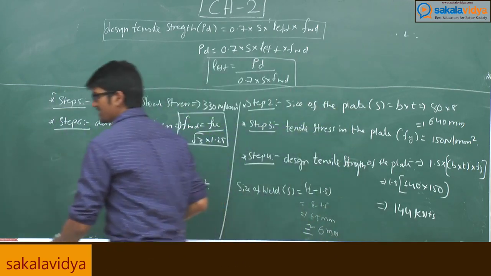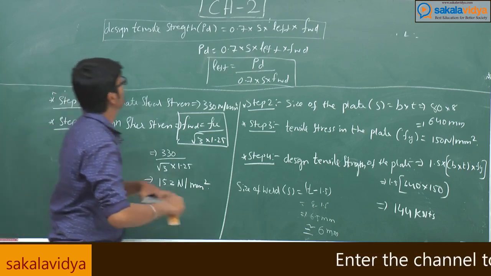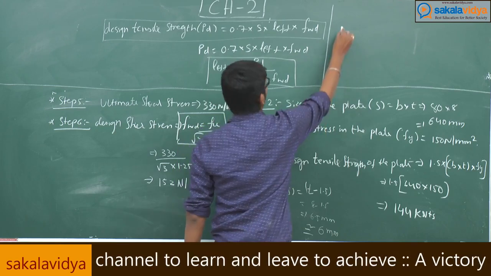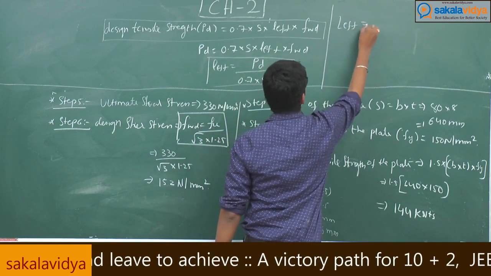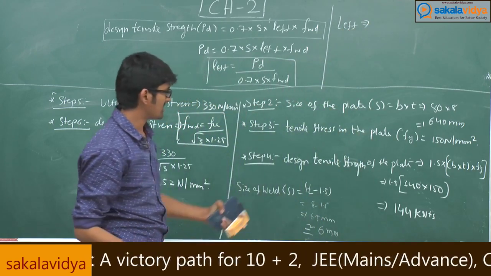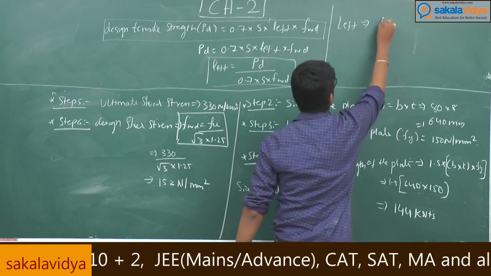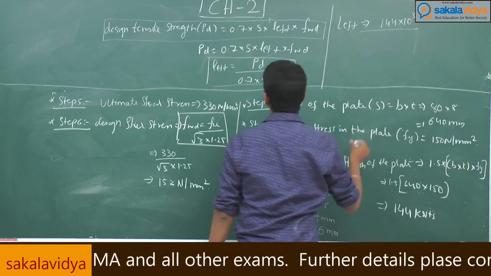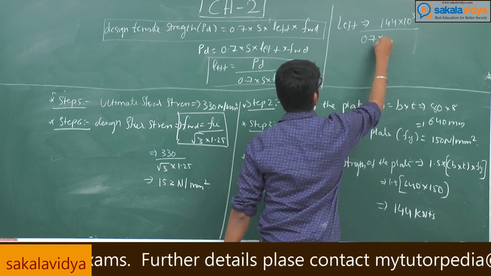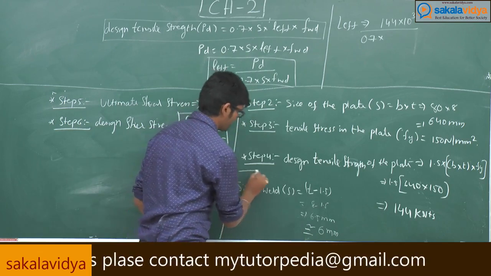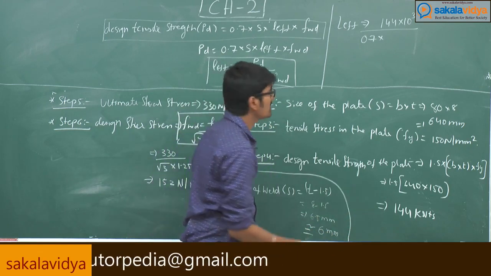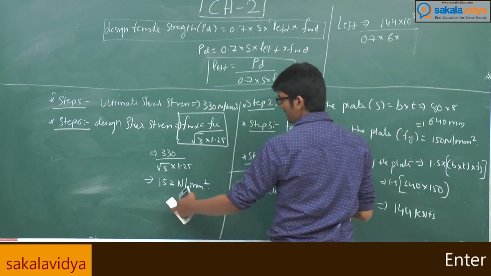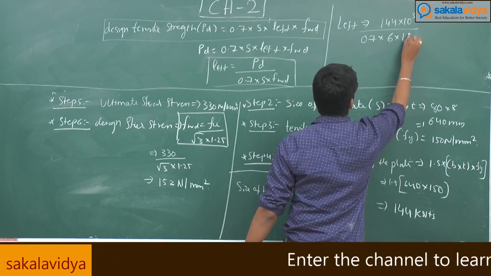The next point is L effective length. L effective length is equal to design tensile strength, 144 kilonewtons, so 144 into 10 power 3 by 0.7 into size of the weld, which I took as 6, into FWD, which is 152.